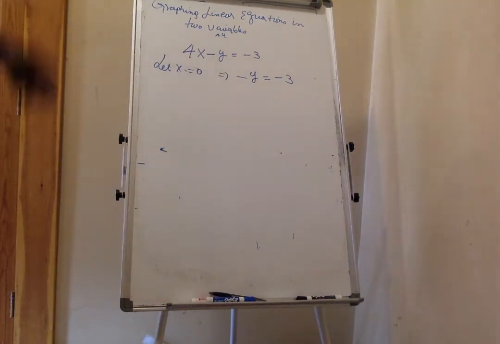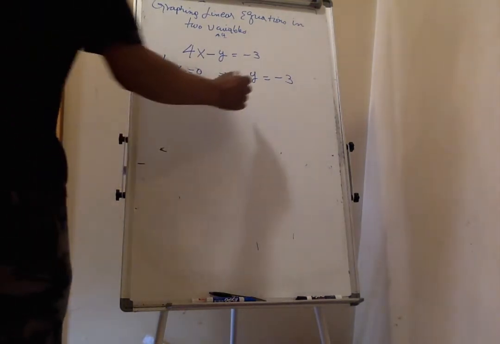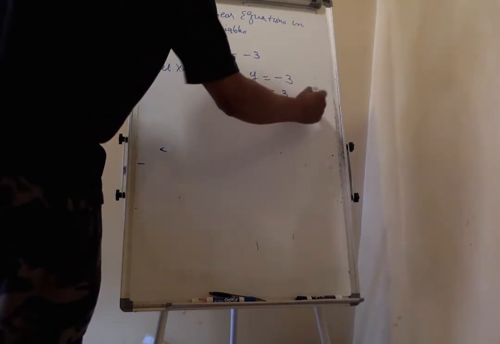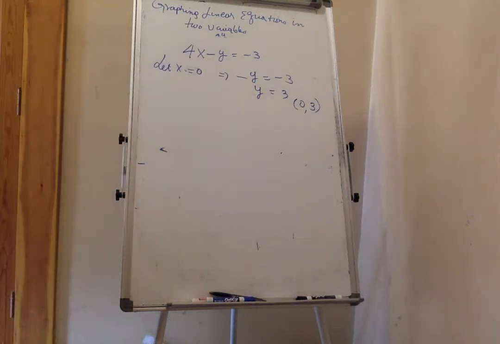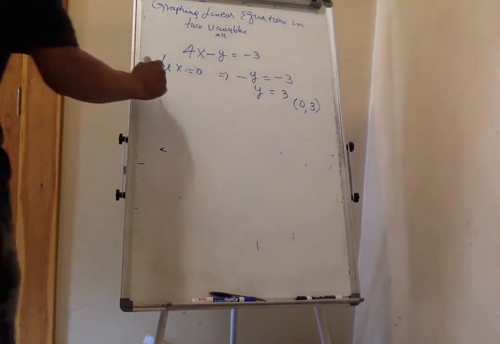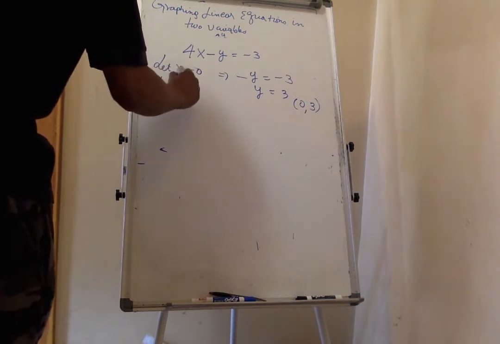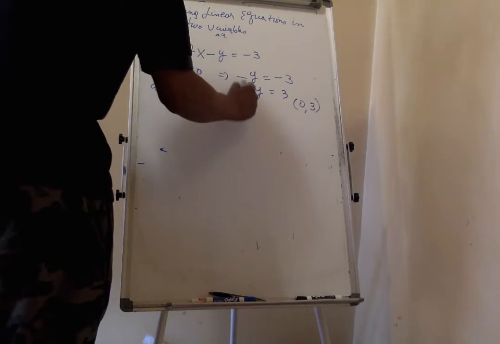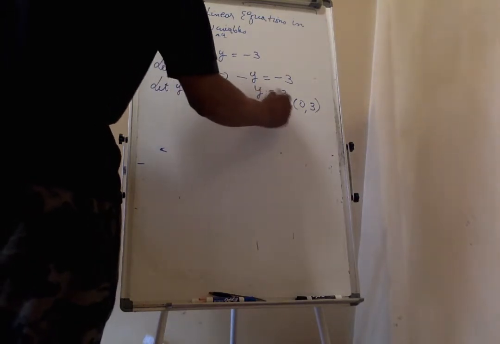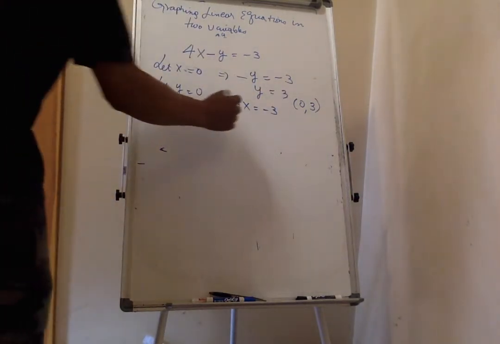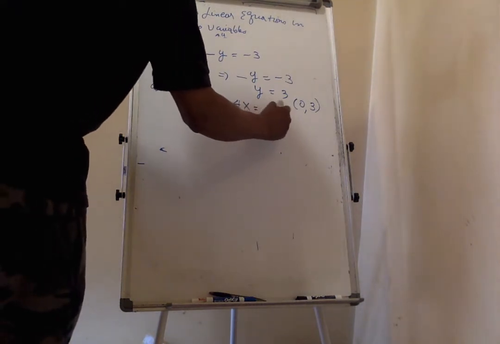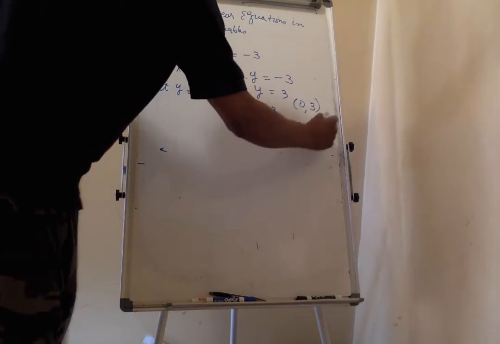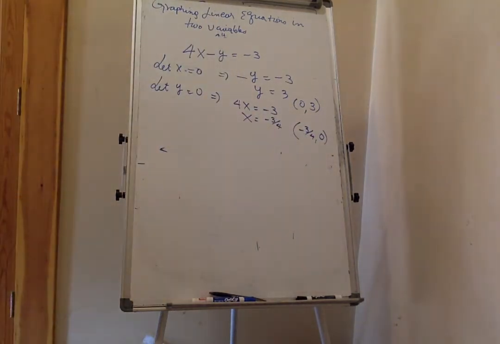Divide both sides by negative 1, then you have y is equal to 3. So (0, 3) is your y-intercept. Then let y is equal to 0. You end up with 4x is equal to negative 3, then x is equal to negative 3 over 4. So you have (negative 3 over 4, 0) and (0, 3).